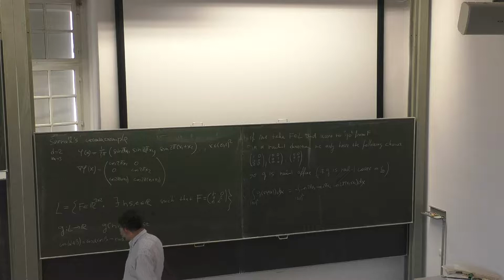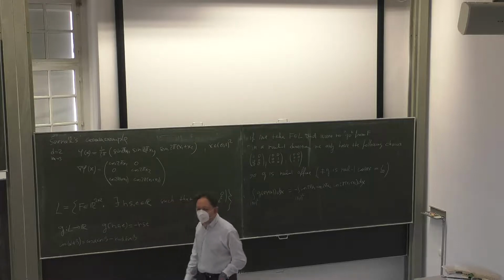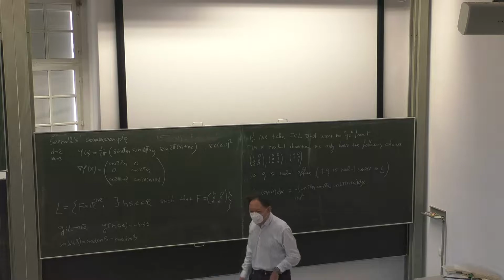It should be like that because I know that cosine of 2 alpha is cosine squared minus sine squared. So this is the Sherlock Holmes quick test. It doesn't prove anything, but gives you a better feeling.